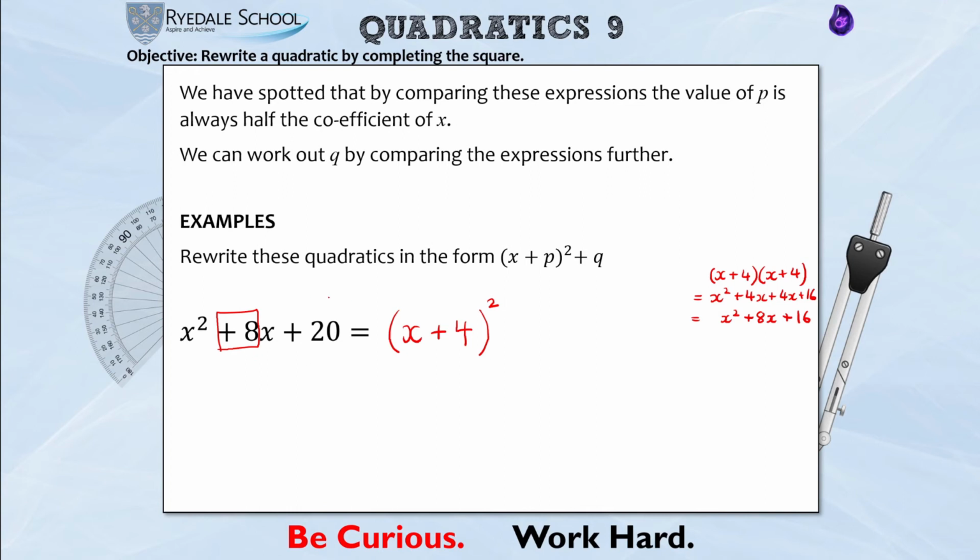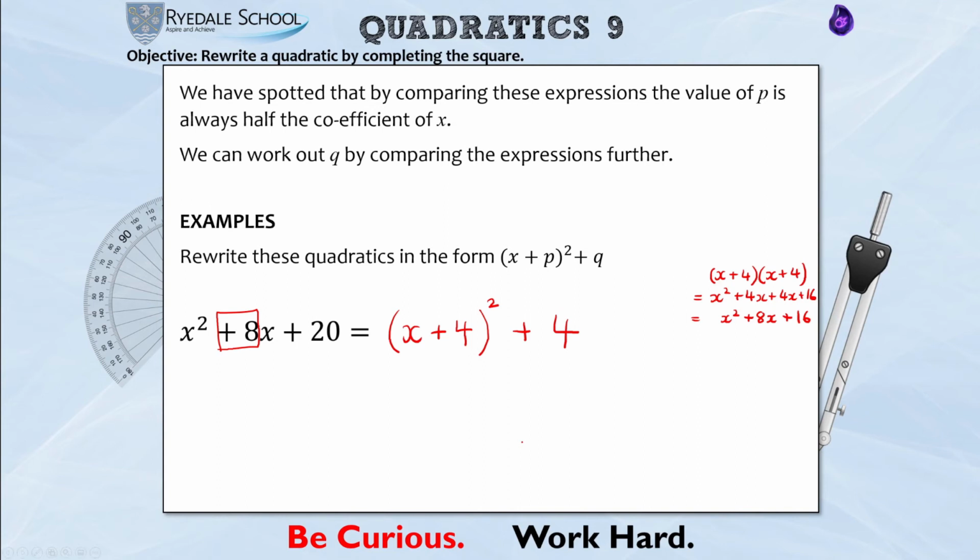So at the moment, it isn't x squared plus 8x plus 20. It is x squared plus 8x plus 16. So what extra do I need to make it plus 20? Well, if it's 16, I need an additional 4. So I'm going to add 4. And that is that expression finished.